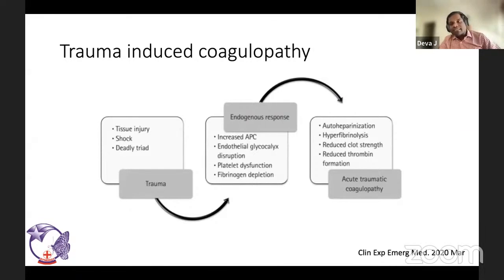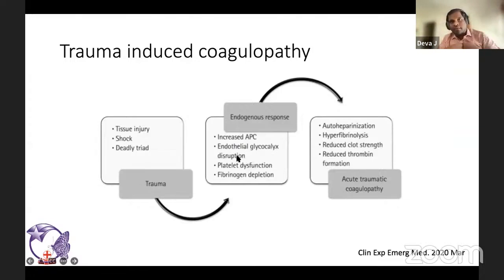But this is just a basic picture showing what happens in trauma. As soon as you suffer an injury, there is tissue injury, and substances get released because of it. Plus, if you bleed, you're going to be in shock, and your tissue perfusion is affected. These two will lead to damage of the endothelial glycocalyx.